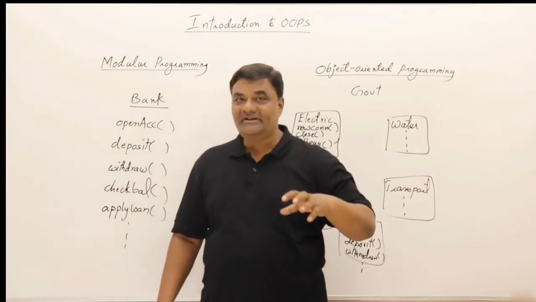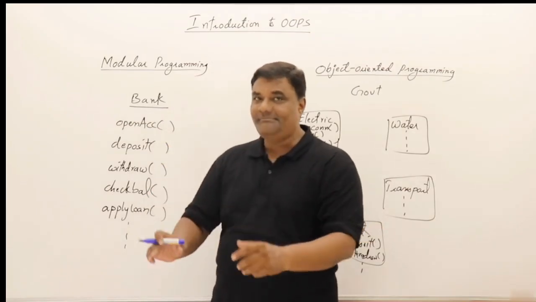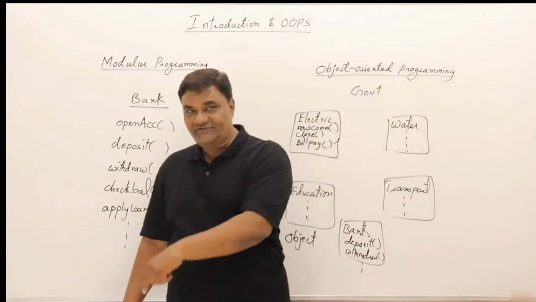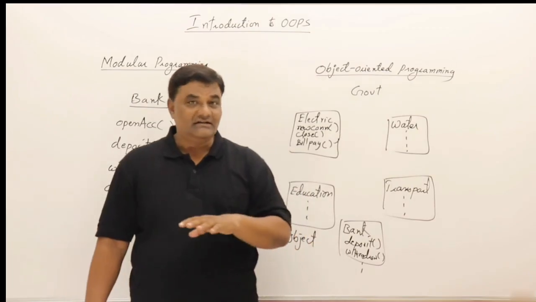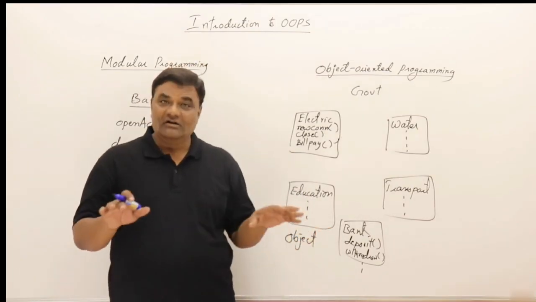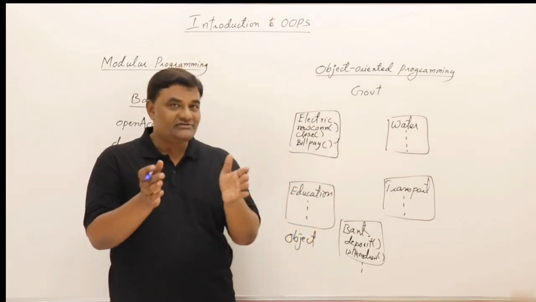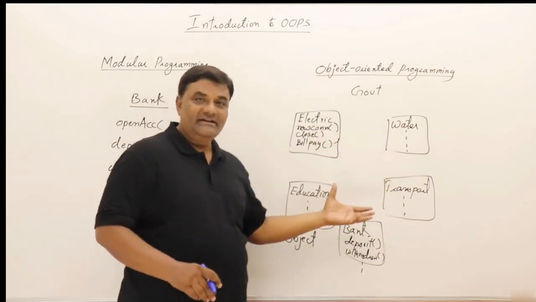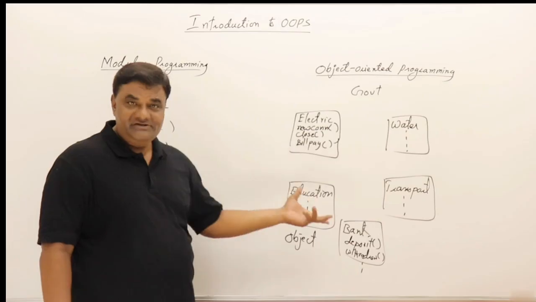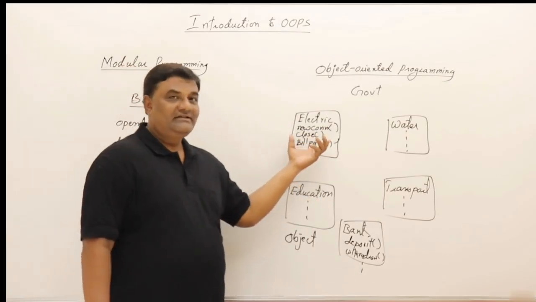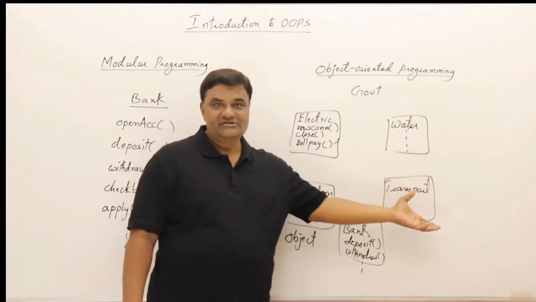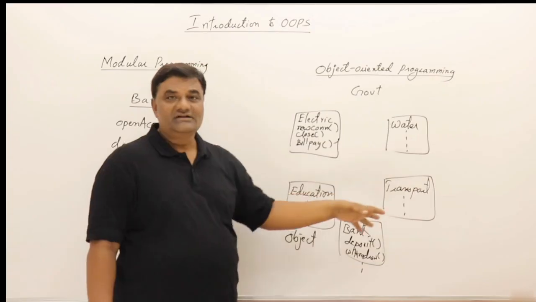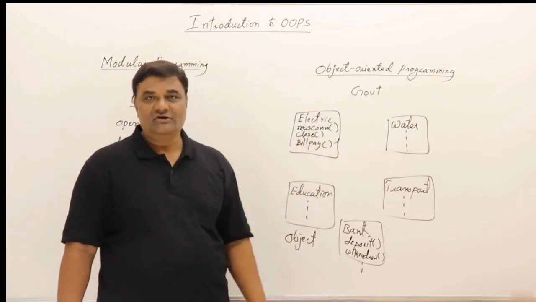So when the programmers were working on one particular department, they were looking at everything as functions. But now we are developing software at a large scale for a big organization as one complete software. Then you can see all the things as a set of objects. So electric-related things are functions related to electric, and transport-related functions are related to transport, and those are objects, and this is a collection of objects.